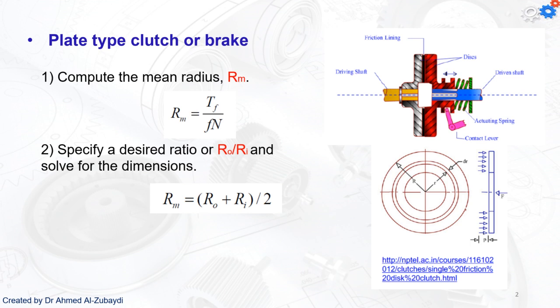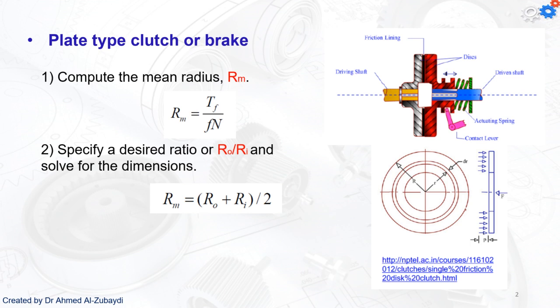In general, we use the ratio at the beginning to be 1.5, and then we calculate the parameters, find the area, and then we check the W over R ratio, and then we decide if our R over O was large or small, and then we specify another value.